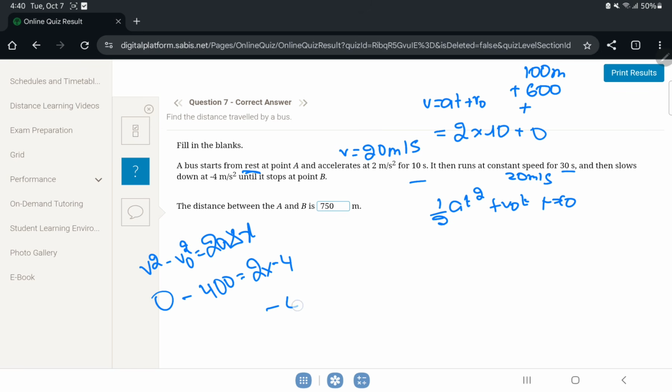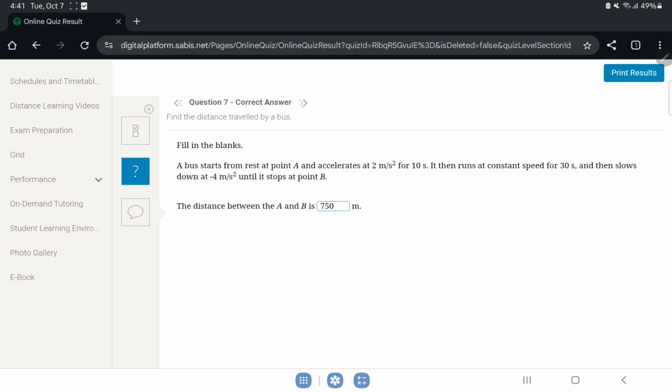So negative 400 is equal to negative 8 delta x. And you get delta x is equal to 50, because 400 over 8, the negative will cancel, and you get 50. So plus 50. So 100 plus 600 plus 50 will get you 750.